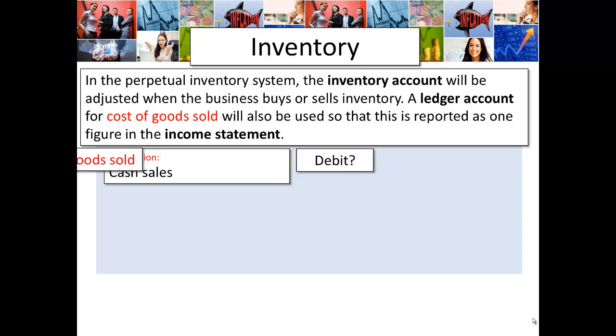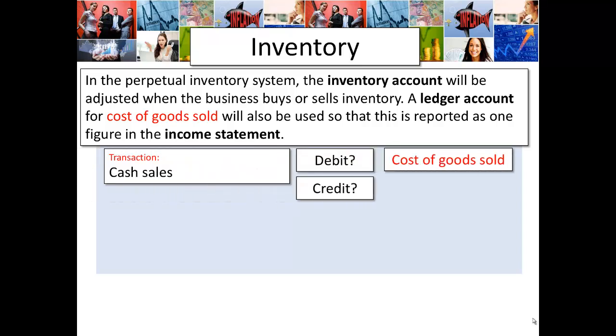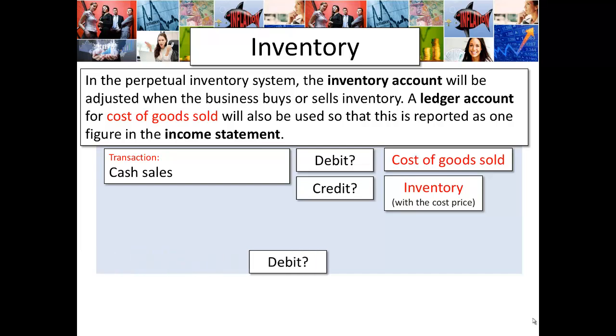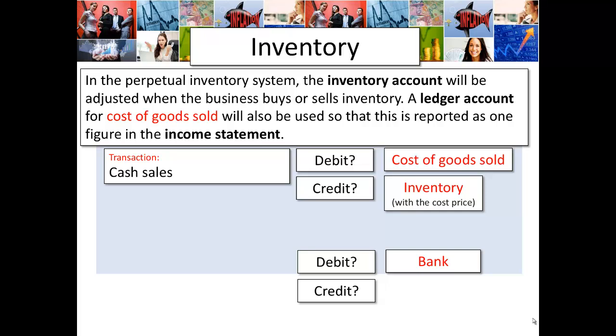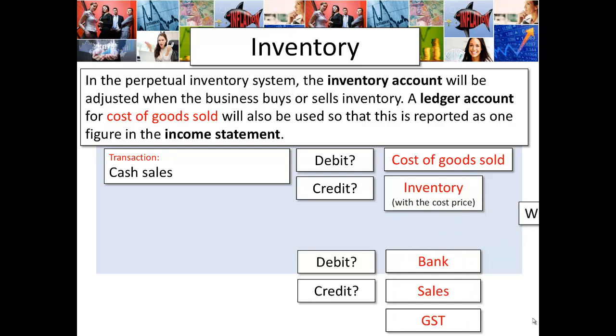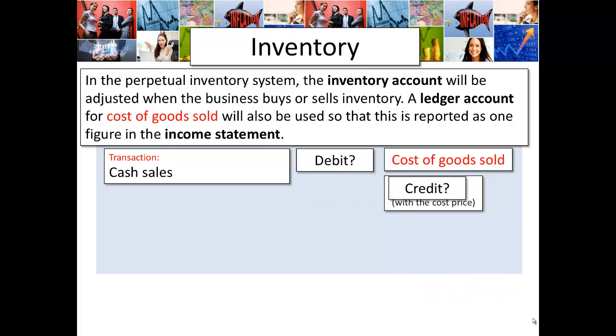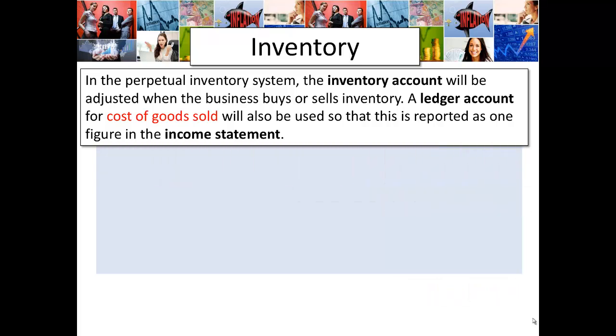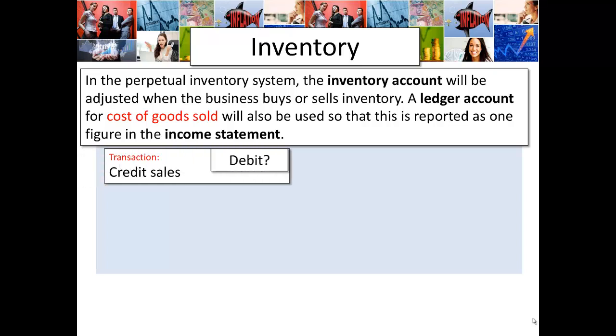Cash sales, what are we going to debit? Cost of goods sold, credit inventory, and again with the cost price. And as we have been doing, we're going to debit bank and credit sales with GST as well. And this is all done with the selling price. Transaction, credit sales.